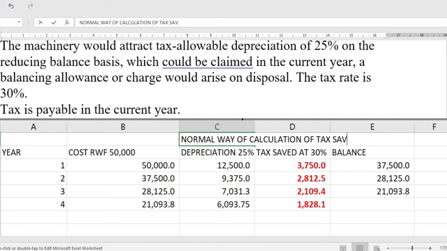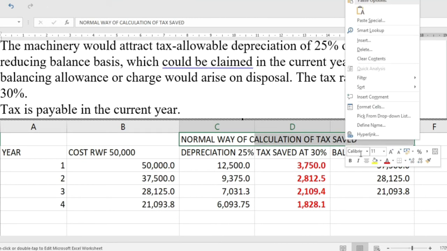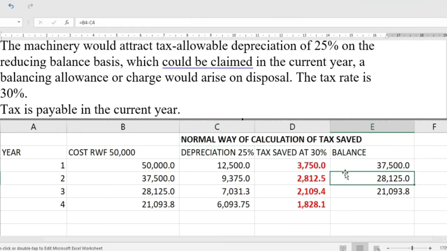But I'm going to show you the best or the easy way of calculating this amount in less time.